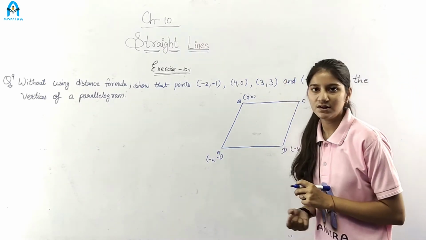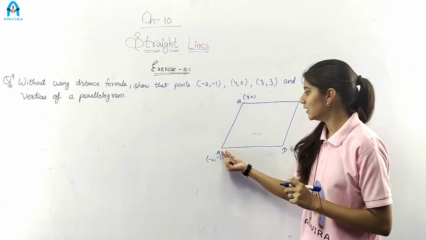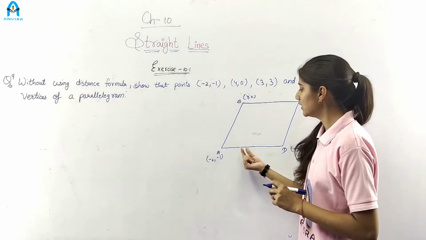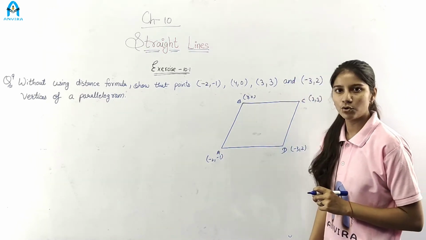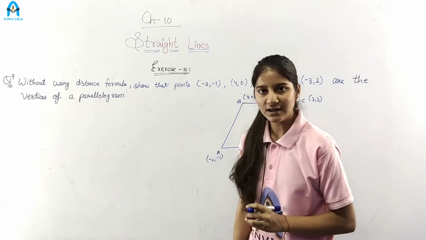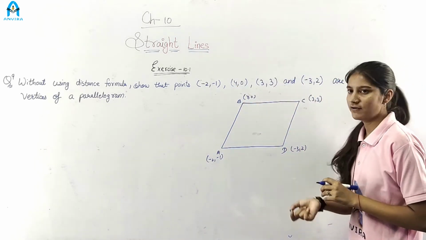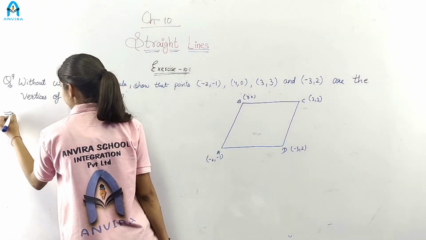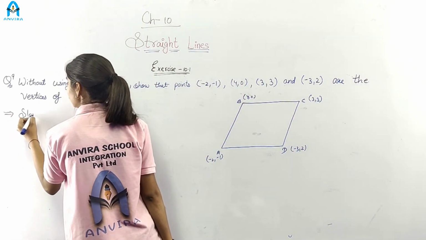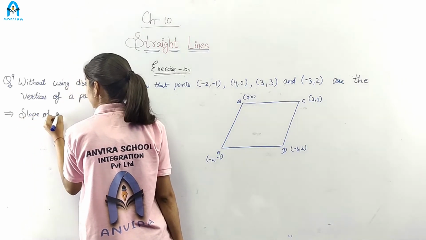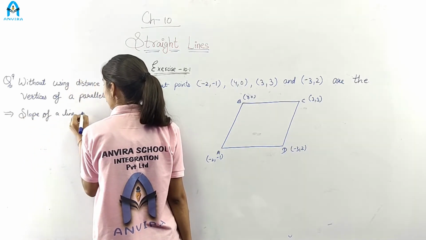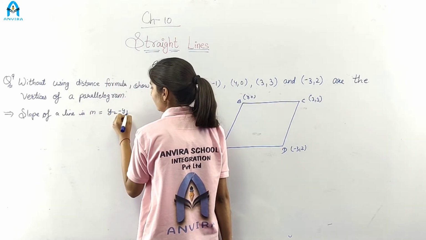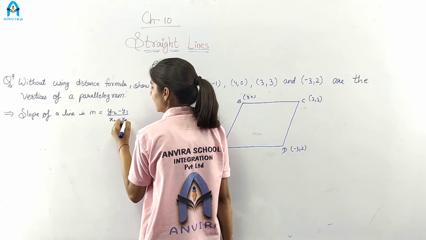If these are the vertices of a parallelogram, then the slope of AB should be equal to the slope of CD. Similarly, the slope of AD should be equal to the slope of BC. So let us find the slope of every side. We know that the slope of a line is m given by the formula y2 minus y1 upon x2 minus x1.